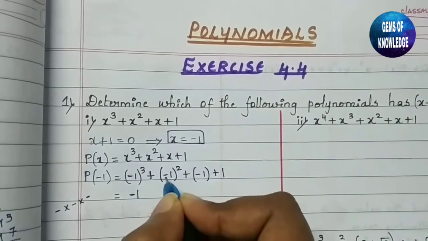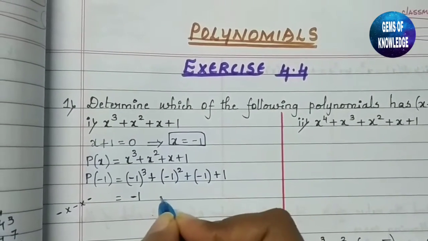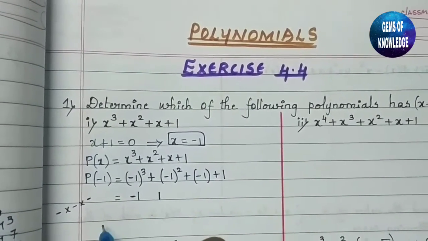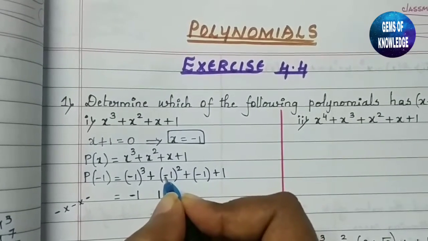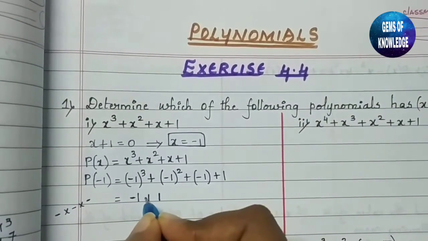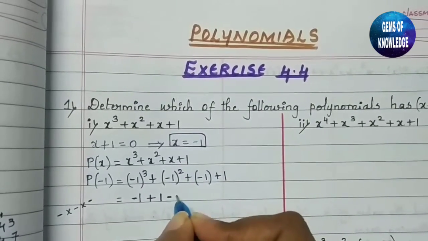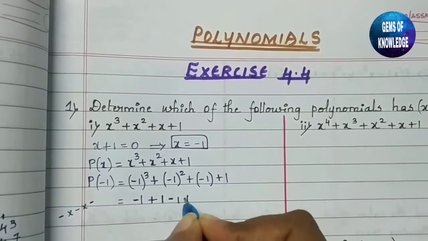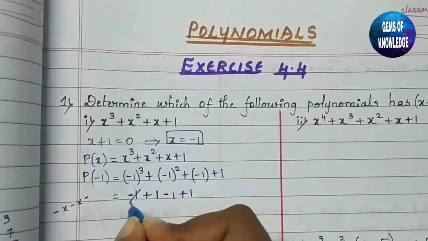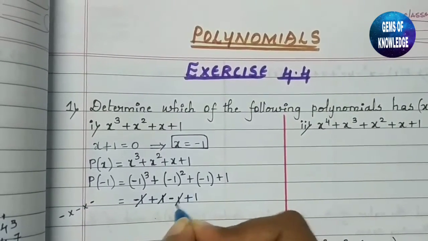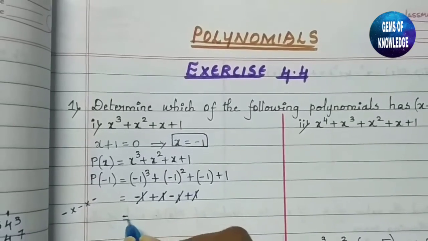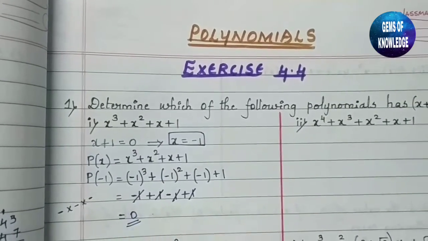Then 1 square is given, we will get 1 square as 1 itself, and minus into minus we are getting as plus. Then plus into minus we are getting minus 1, and plus 1 as it is. So now you can see here minus 1 plus 1 is cancelled, minus 1 plus 1 is cancelled. So we are getting the answer to be 0.